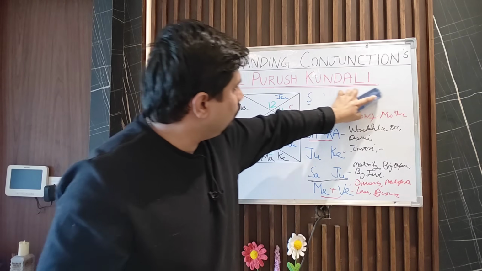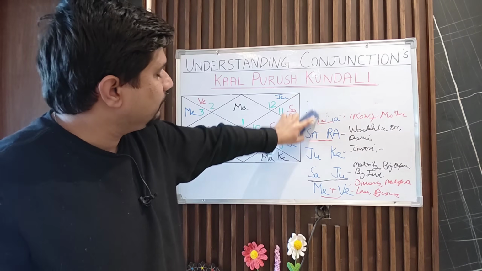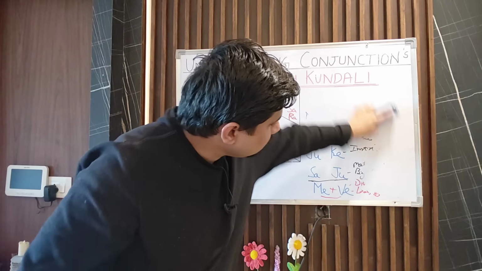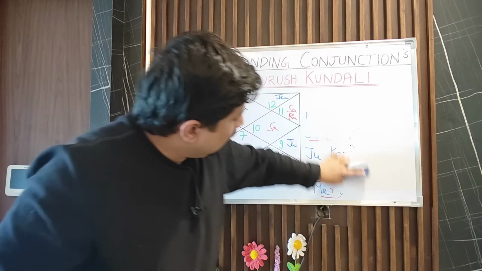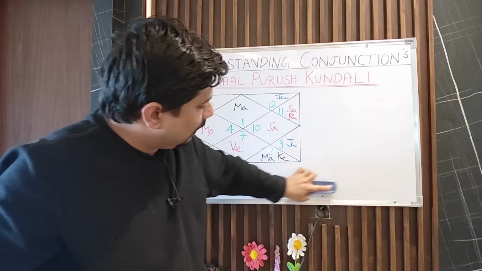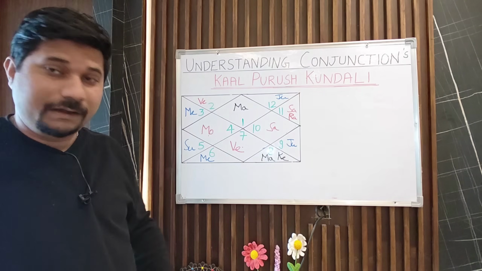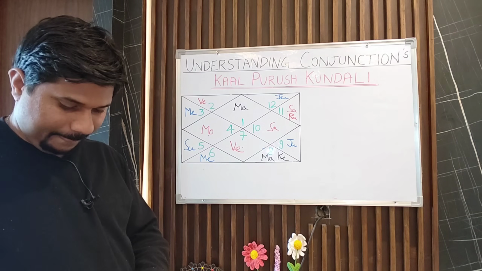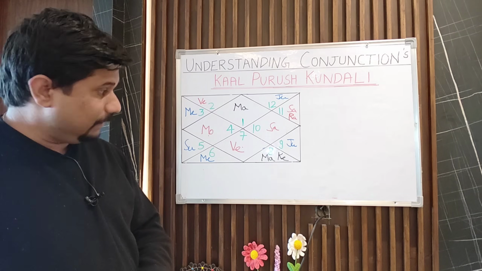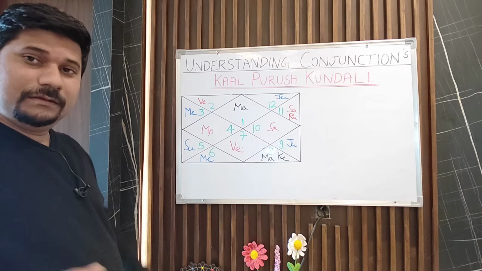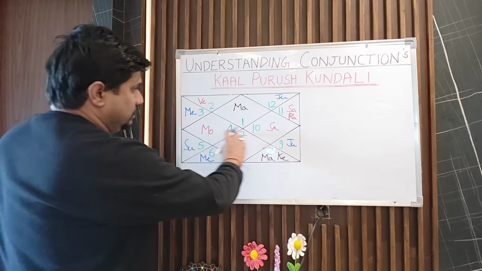We will take more difficult examples also, so that you can understand the point which I am trying to say here. And now we are going to make examples by looking into the events that are going to be happening in someone's life. For example, suppose you are having Saturn with Moon conjunct.